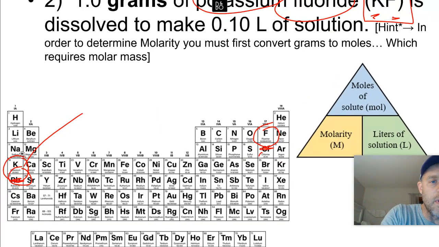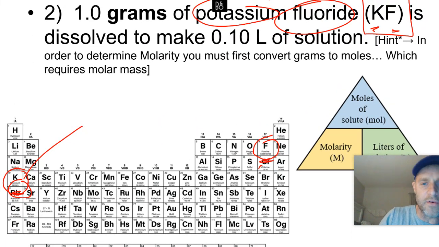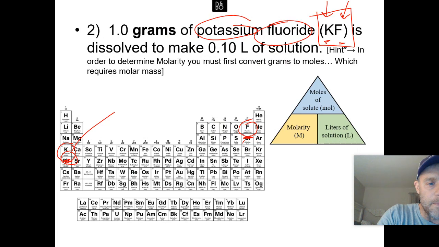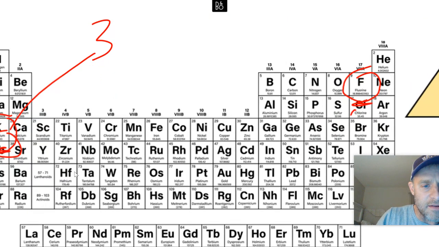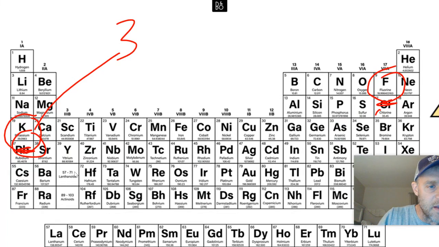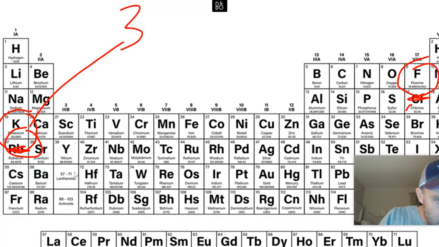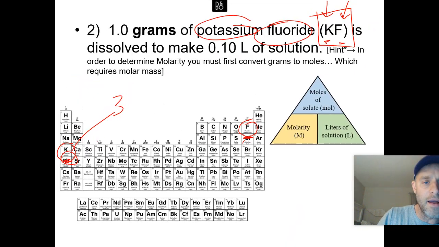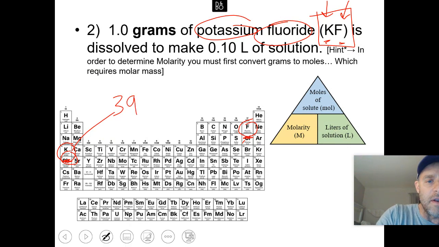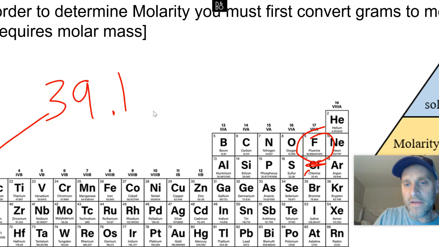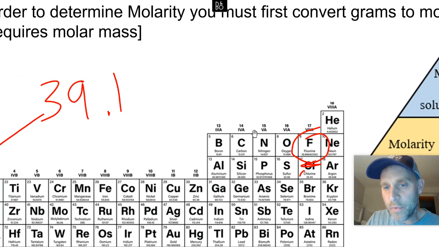It says 39.1. Okay, I take one of those. Ooh, now it's not going to work to write on the right. What did I say it was? See, I'm old and forgetting stuff. 39.1. And then I have 1 F, right? If I look over at F, it's 18.99.